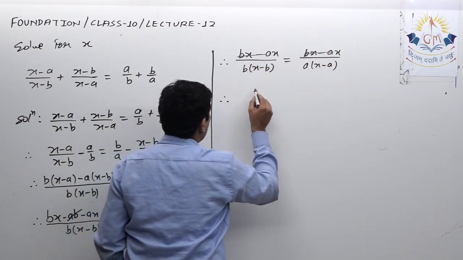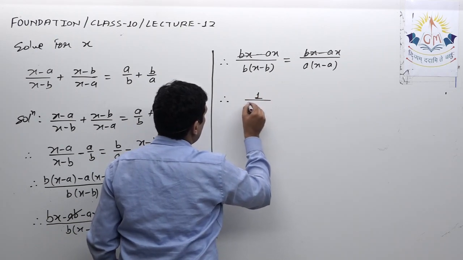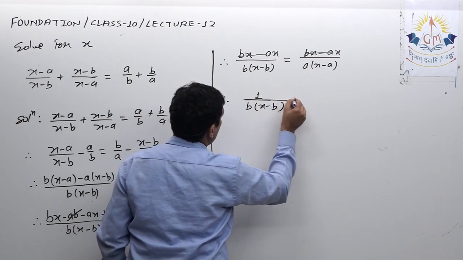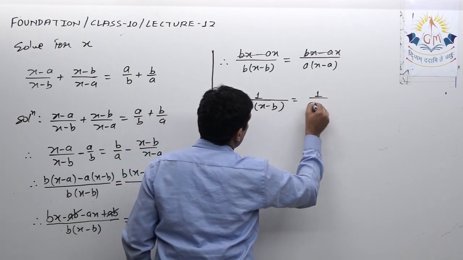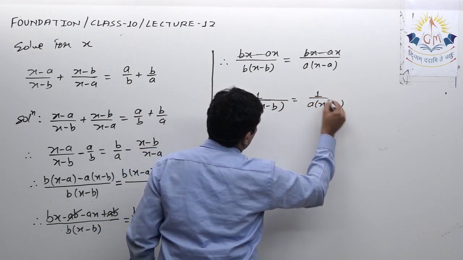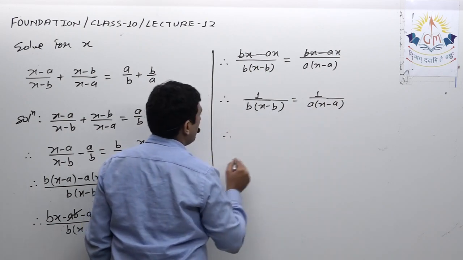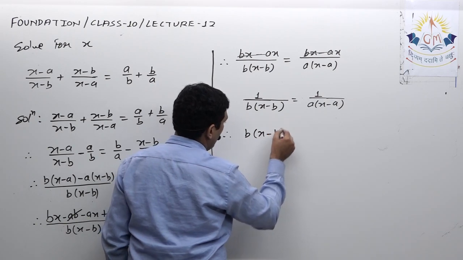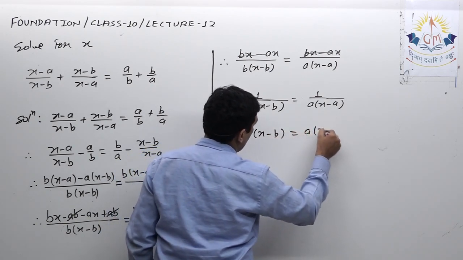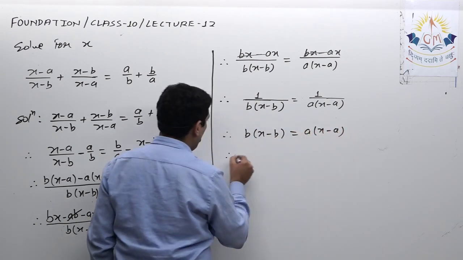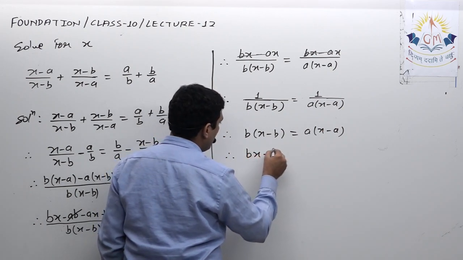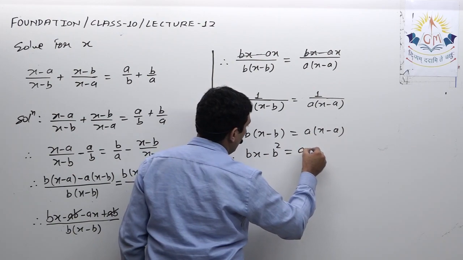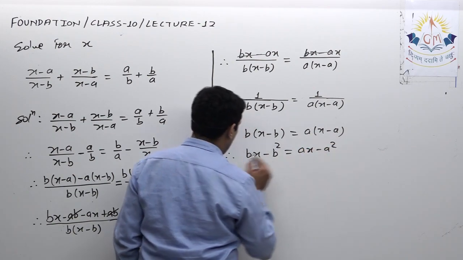So here I'll get 1 upon bx minus b is equal to 1 upon ax minus a. Further simplification: bx minus b is equal to ax minus a. On multiplication I'll get bx minus b square is equal to ax minus a square.